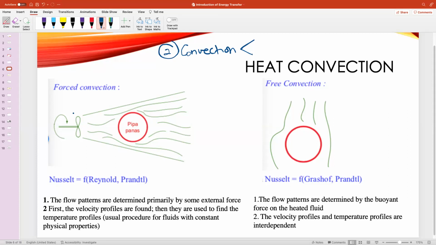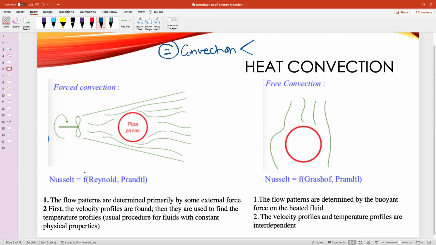The fan forces the atmosphere to flow around the hot pipe with some velocity, and then there is heat transfer from the hot pipe into the air. Usually the flow pattern is determined by external forces, here from the fan, which cause some velocity in the air around the hot pipe.